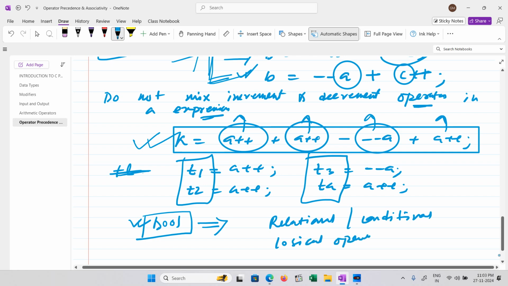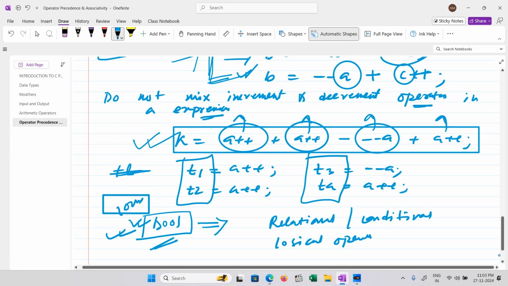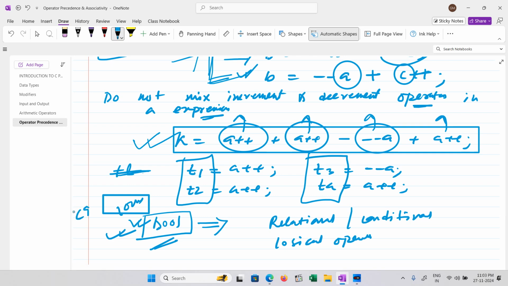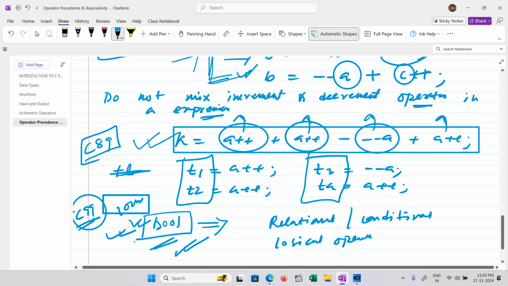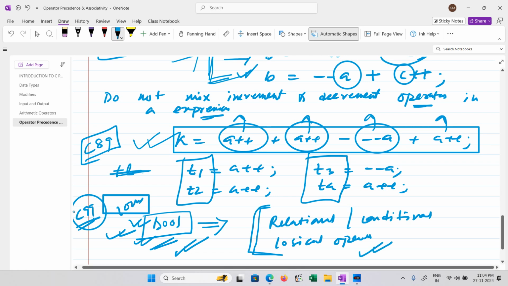Once I finish the bool data type, which was introduced in C99, you need to look at which compiler you are working with. If you are working on C89, bool will not be supported. You can continue with integer. I'll tell you both processes. Here the GDB compiler is C99 by default. Thereafter, once I finish, we'll move to the other category of operators. And once we finish the relational and logical operators, we are ready to solve some statement based problems.